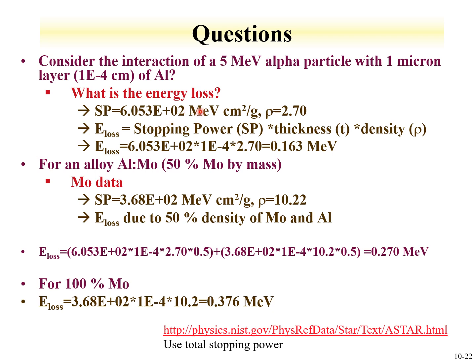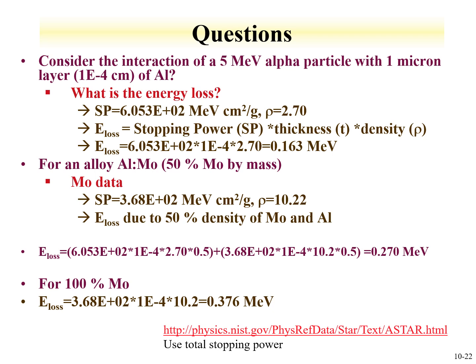Plugging this into the equation, stopping power here, density here, and a thickness of 1 micron, so 10 to the minus 4 centimeters, we get an energy loss of a little over 0.1 MeV, so 0.163 MeV is the energy loss from a 5 MeV alpha particle as it traverses 1 micron of aluminum.